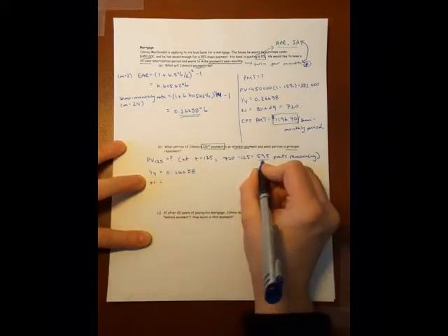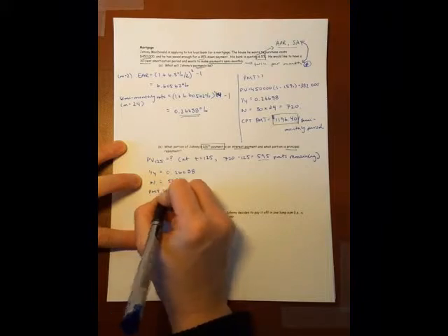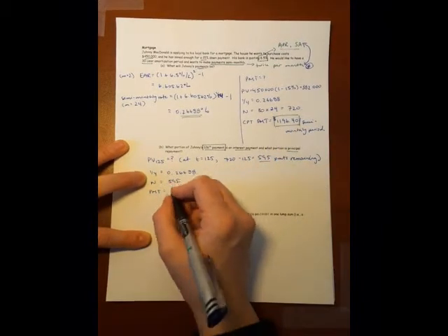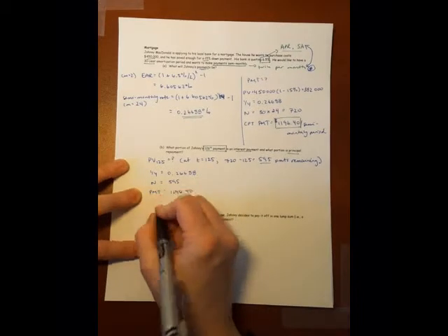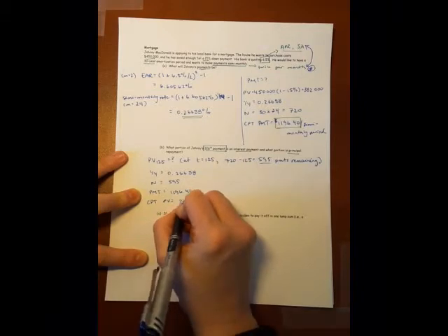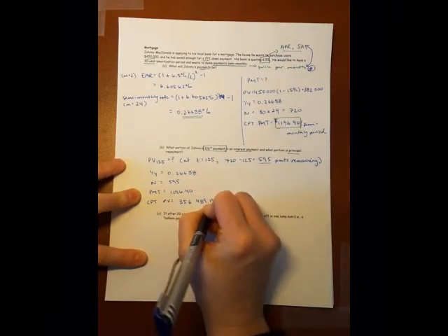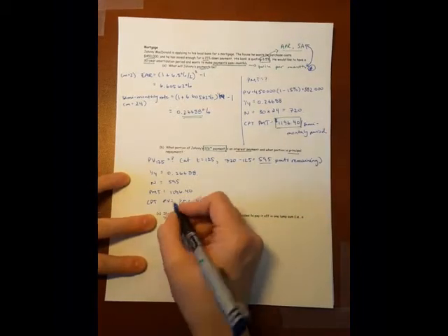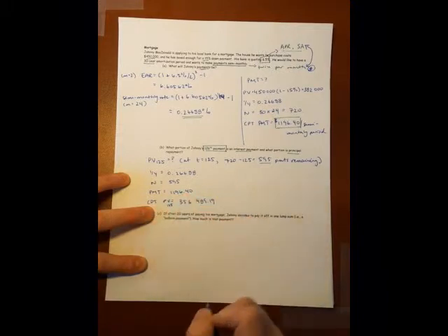Our N is what we just solved for, 595. Our payment is what we solved for in part A of this question, 1196.40. Compute PV. So the value of the loan at this point in time is $356,489.19. That's the amount that you still owe at time 125.